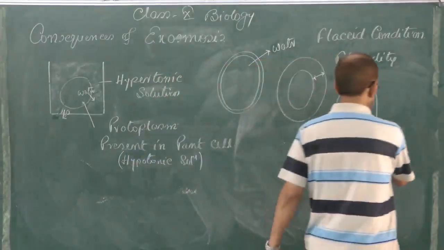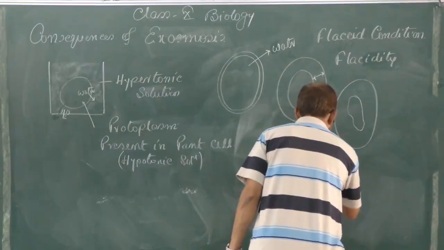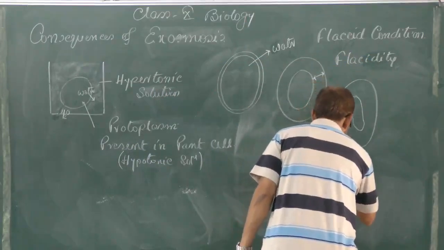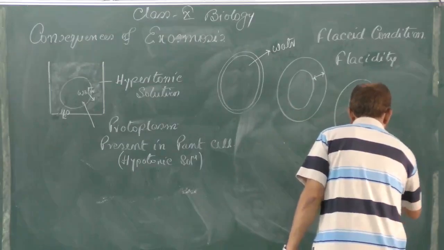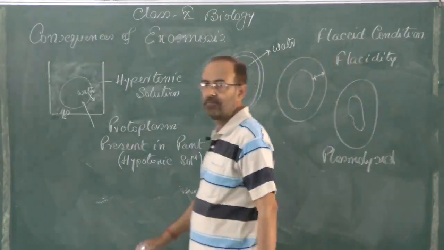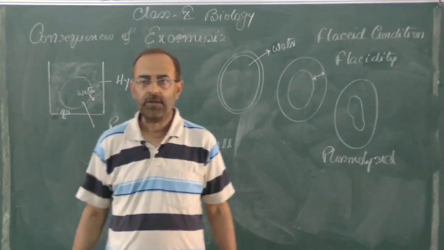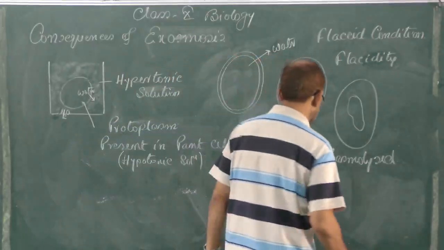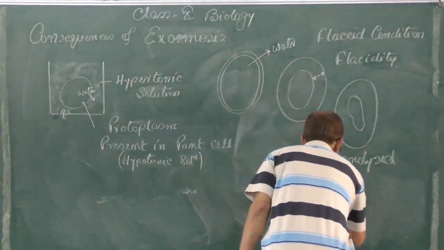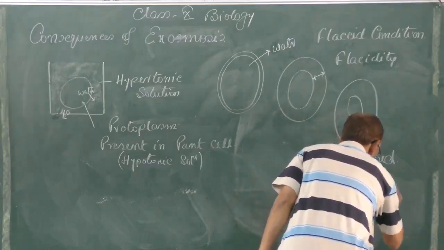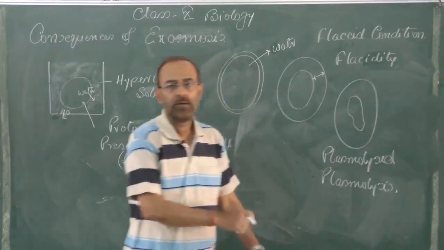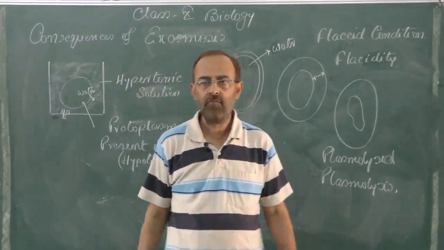This condition of the cell is known as plasmolysed condition. Clear? And the phenomenon is called plasmolysis. Clear?